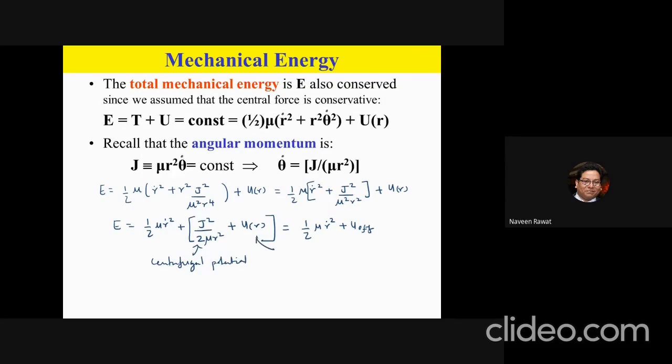And this U of r can be a gravitational potential if we consider the case of gravity. So when we add both these terms, you get the total energy. All you have to do is add the kinetic energy term to this particular system where it is experiencing some potential.